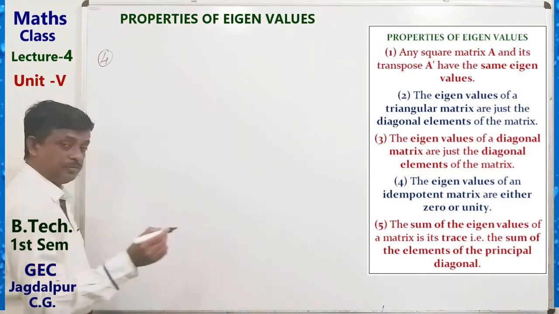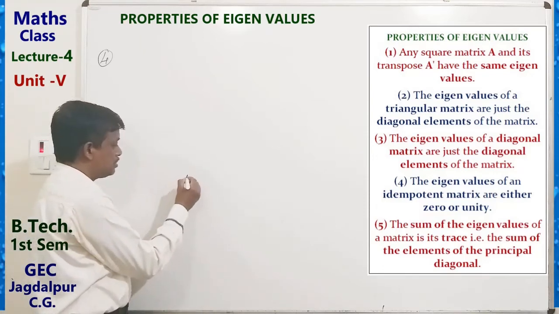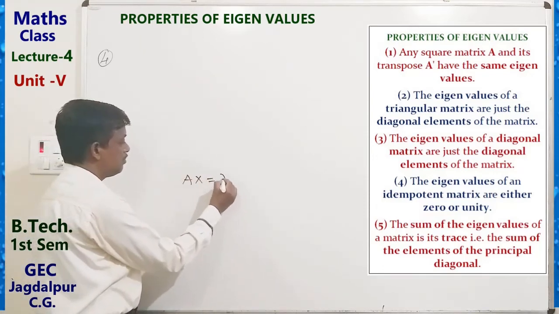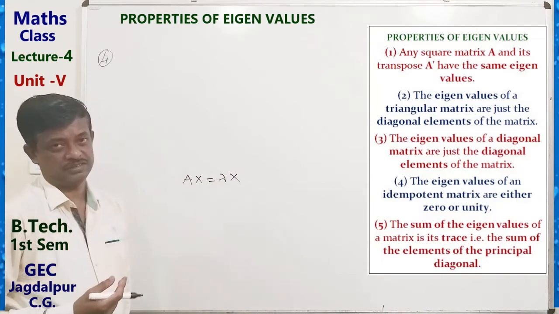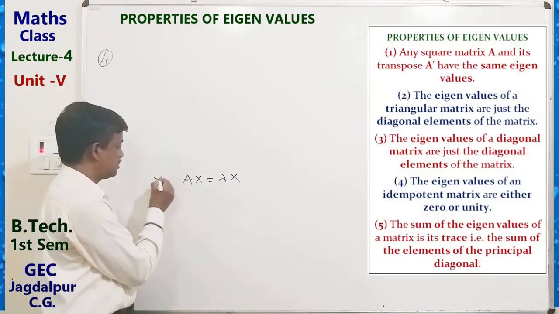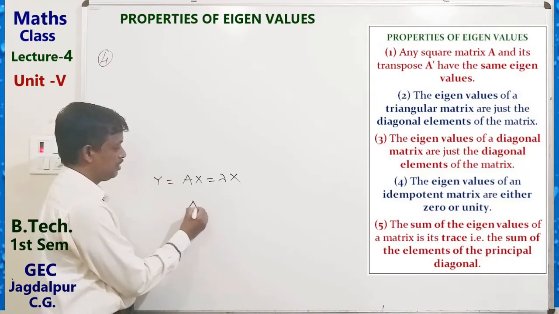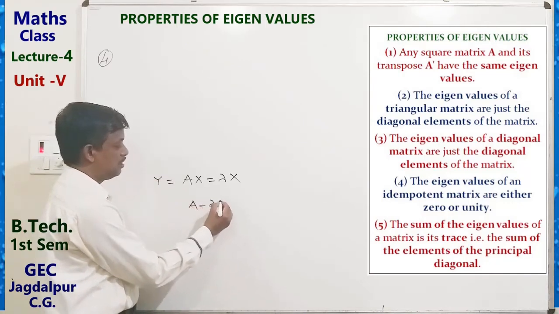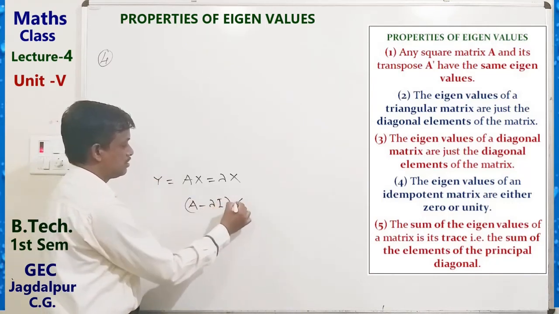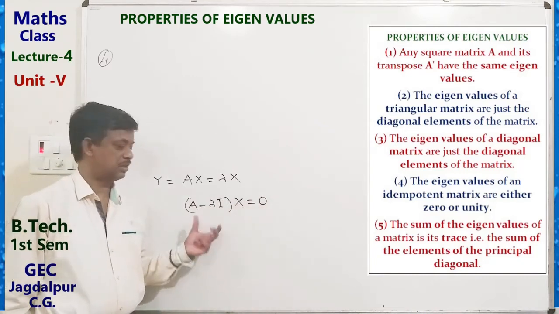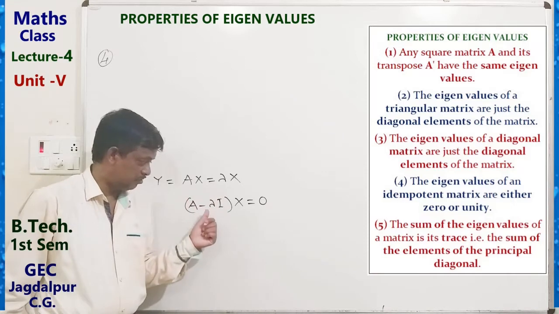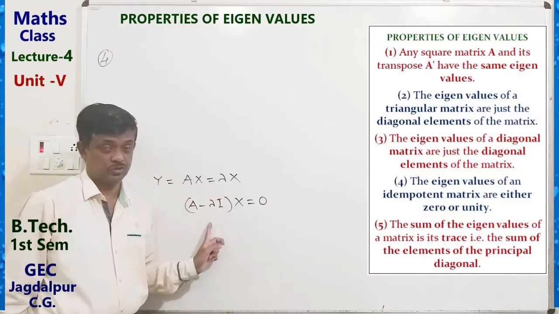How? We know when we consider Ax equals lambda x, this is a linear transformation. From this transformation we get A minus lambda I times x equals the zero matrix. This is a homogeneous system of equations. This is the coefficient matrix. This determinant is equal to 0 for a non-zero solution.